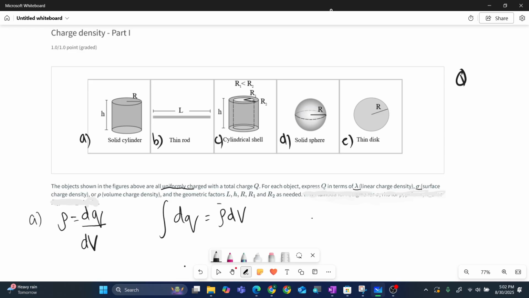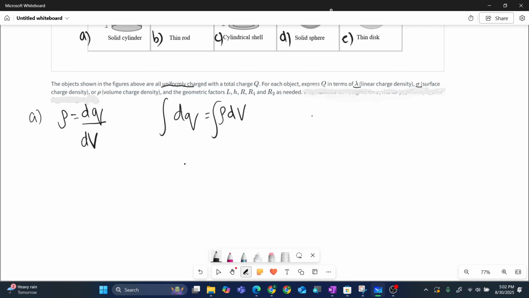I'm going to integrate on both sides to find my total charge Q. Q equals integral of rho dV. Since I have a cylinder here, what's the formula for calculating the volume of a cylinder? Yes, it's pi r squared h, where h is the height and r is the radius.